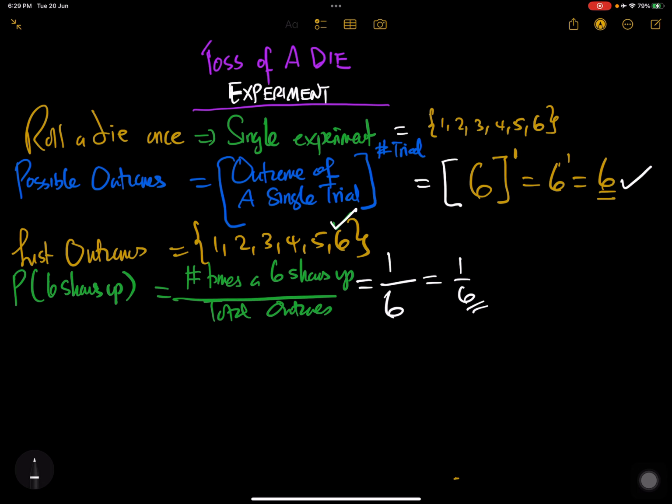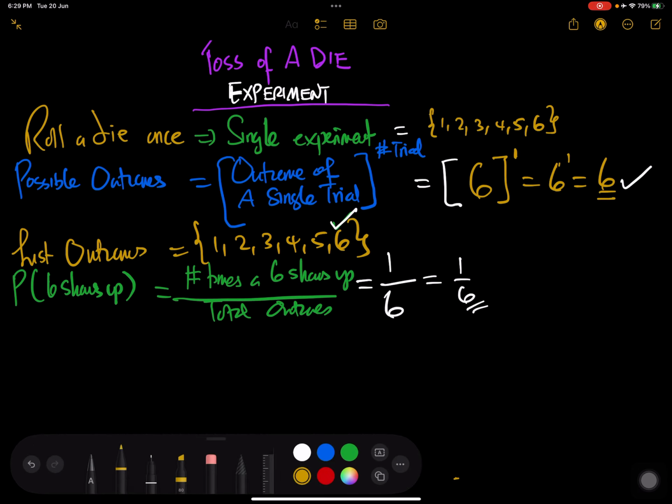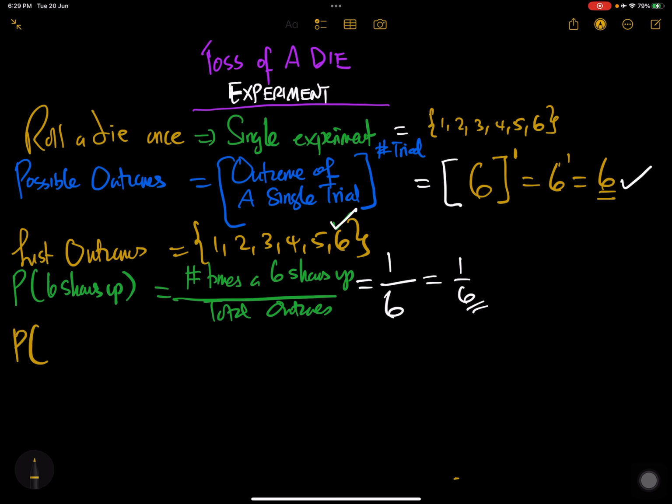If you see a problem that asks, what's the probability that the die shows up a number greater than 2, we are looking for the number of times a number is greater than 2, divided by the total outcomes.